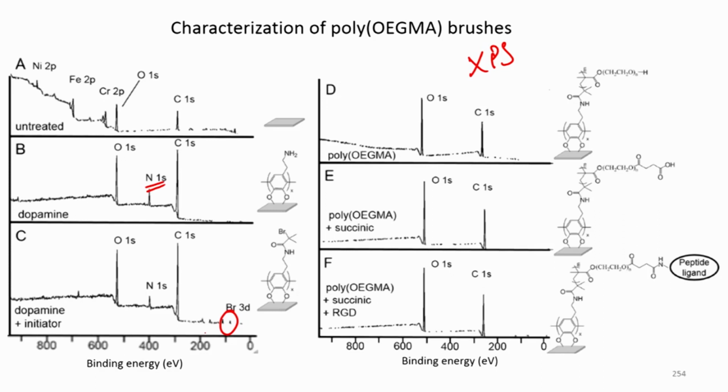As we further went ahead, we are seeing that once the polymer was put in, the polymer is mainly composed of oxygen and carbon. So, that is what you predominantly see on the surface, and then you can further modify it and get to your peptide ligands, which are again all carbon and oxygen based. So, you do not really see much change in that scenario.